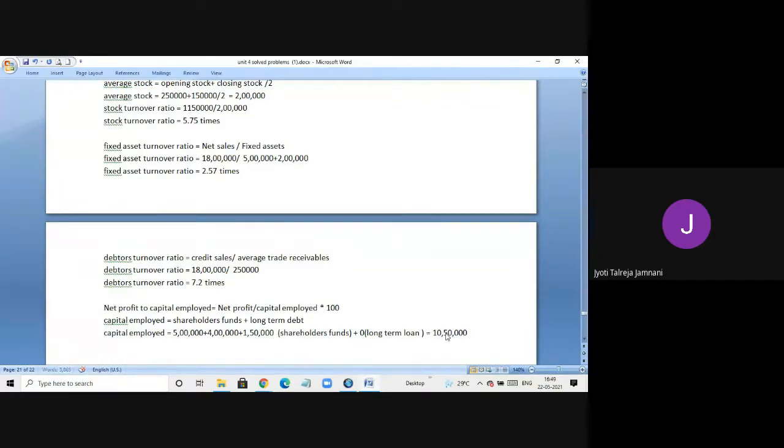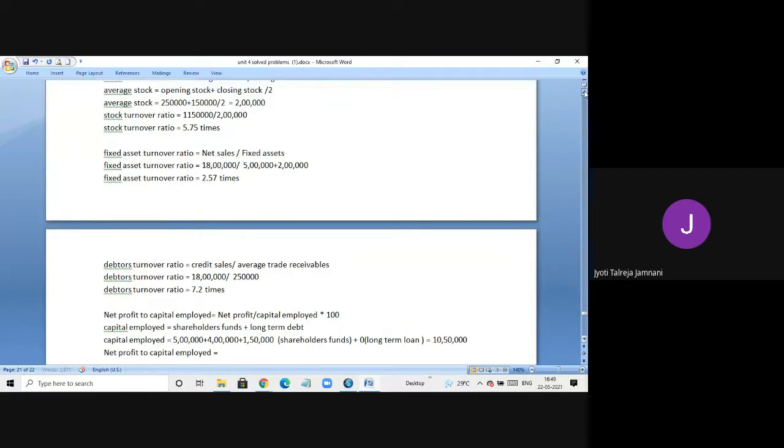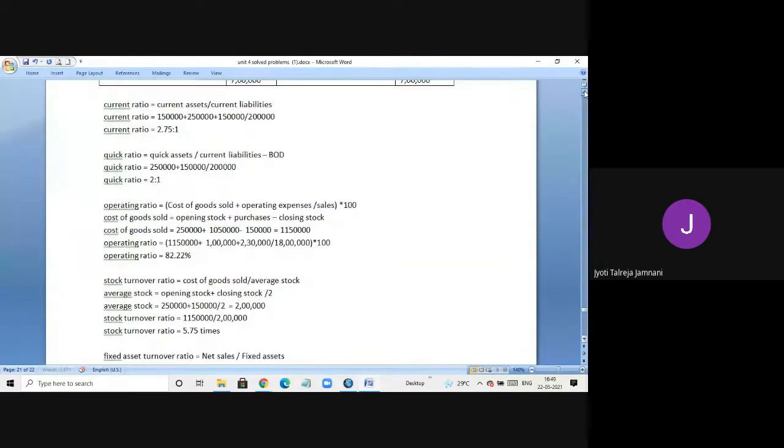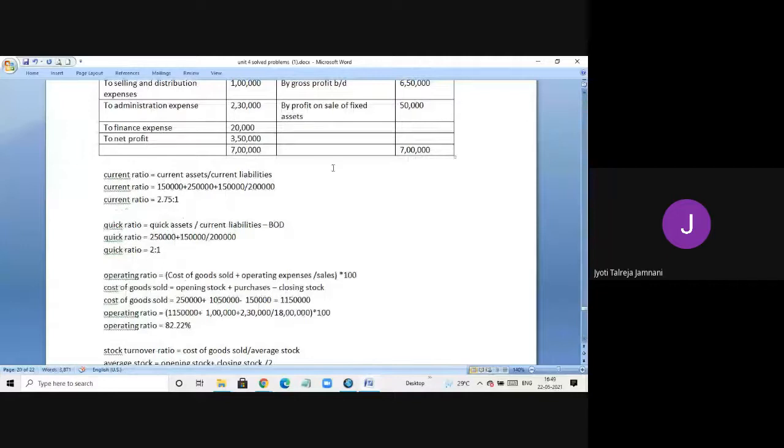So let's calculate the net profit to capital employed ratio. Net profit, we'll see how much it is in the question. In the P&L account, we'll find it. Net profit is 3,50,000.